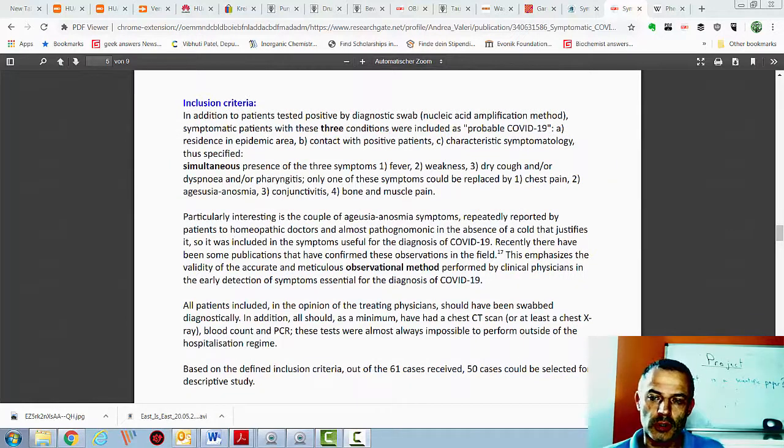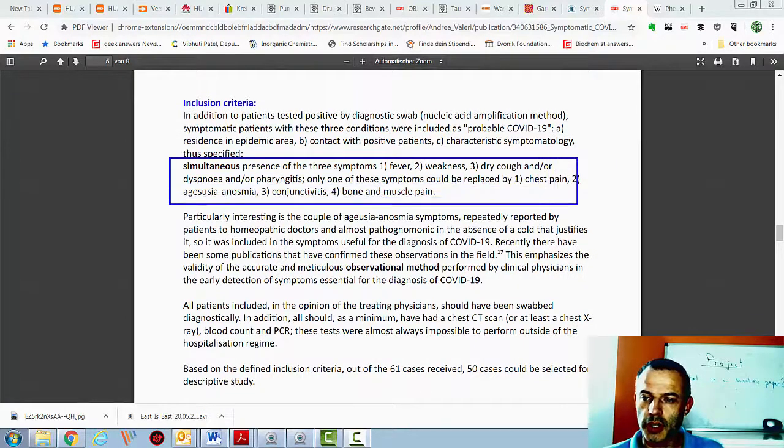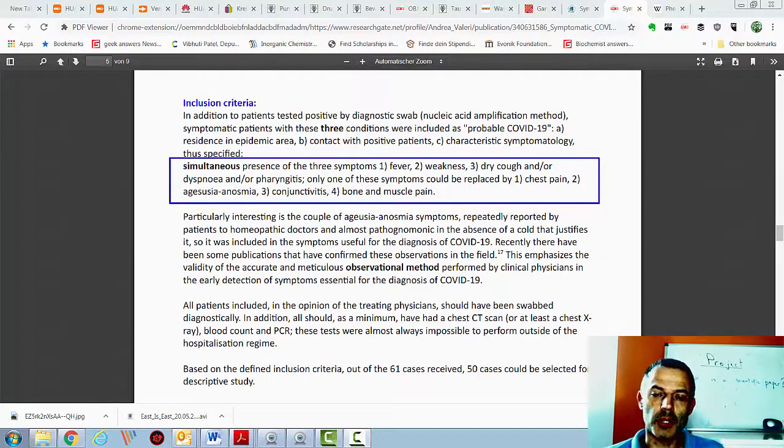So these are the symptoms that the patients had to have to get into this study. The 40 patients out of 50 that weren't proven to have corona had to have fever, weakness, dry cough and pharyngitis, or they could replace one of those symptoms, 1, 2 or 3, with chest pain, conjunctivitis, which is irritation of the conjunctiva of the eye, bone and muscle pain.